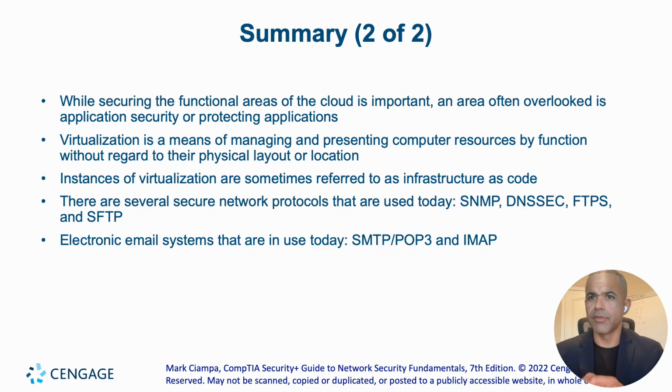And then we talked about all the different protocols that are still present in the cloud: SNMP to remotely manage devices, DNSSEC to secure from DNS poisoning, all of the security that you need around DNS, FTPS and SFTP to make sure that you're sending files securely over the network. And then when protecting email servers, making sure that you're using IMAP instead of SMTP and POP3 to make sure that your communications across email are being secured.